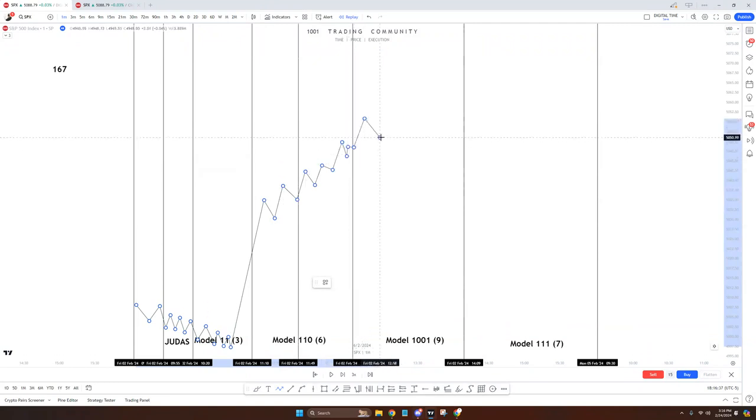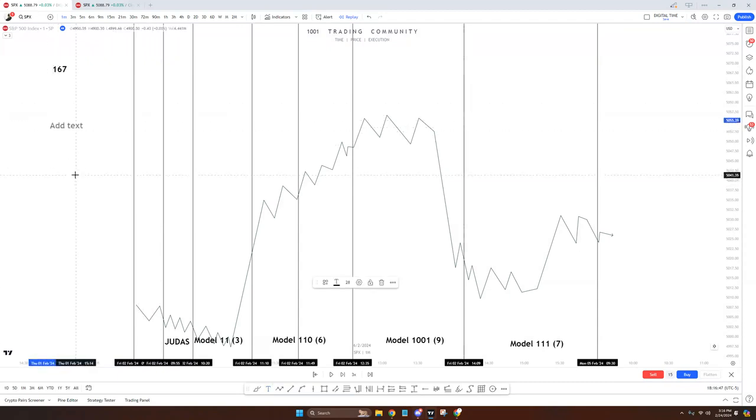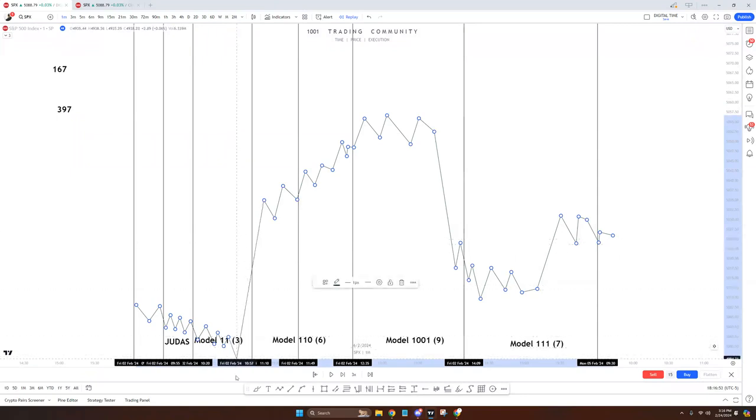Next example. Price keeps building buy side. Model 11 takes it out. Model 6 is used for continuation. Model 9, distribution. Model 7, slight retracement. What is this? 397. Model 3 took place.